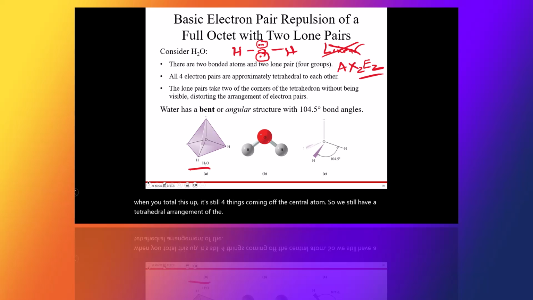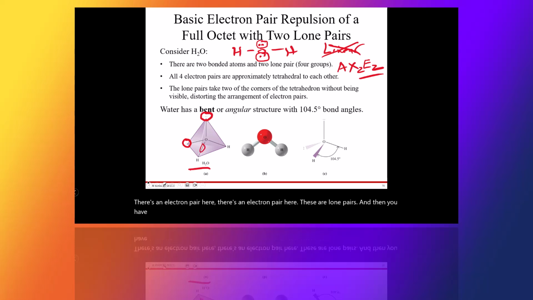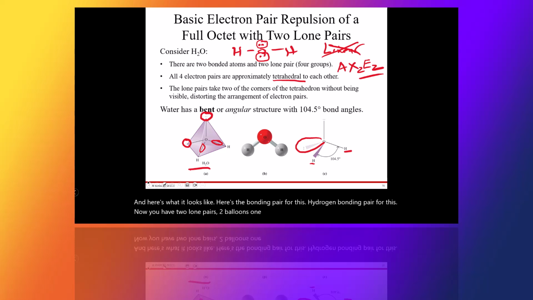There's an electron pair here and an electron pair here. These are lone pairs. And then you have a bonding pair here and a bonding pair here. Because it's four things coming off the central atom, you still take a tetrahedral geometry. Here's the bonding pair for this hydrogen, bonding pair for this. Now you have two lone pairs, two balloons, one here and one here.